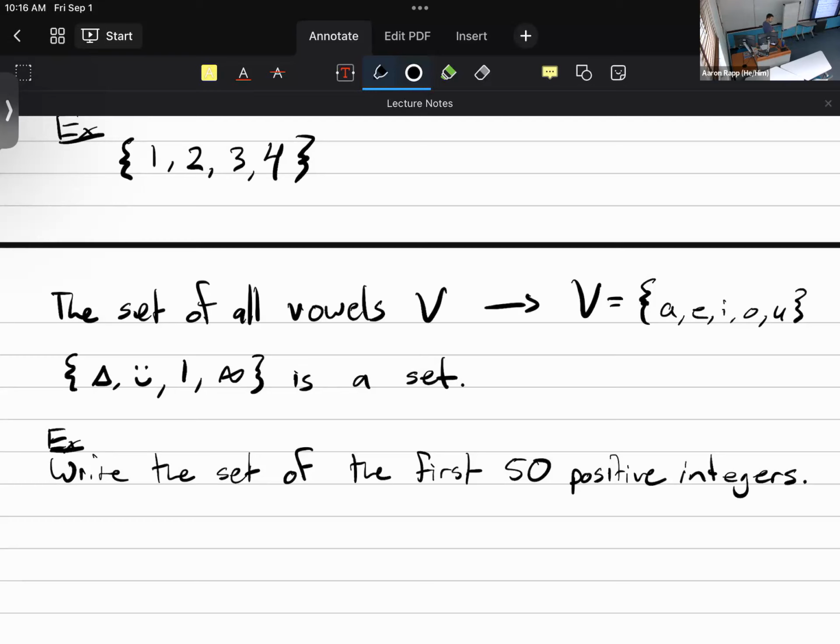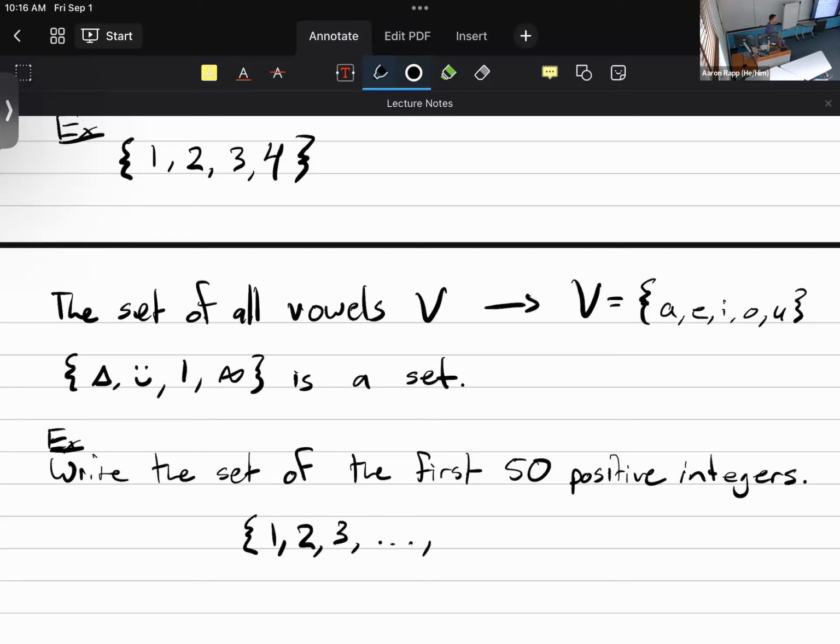You can still use the roster method. As long as there's a clear pattern, a naive pattern, you can use what are called ellipses, with three little dots in a row.